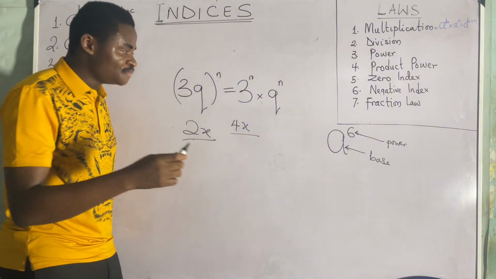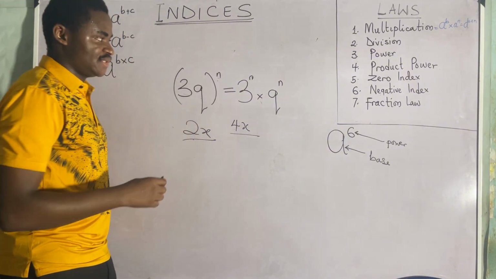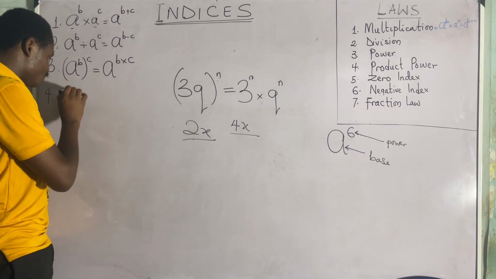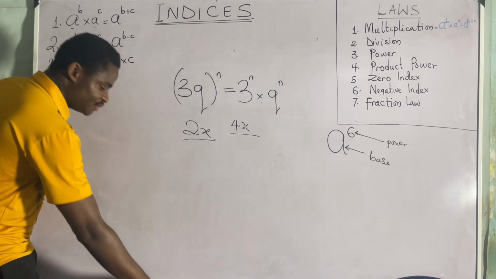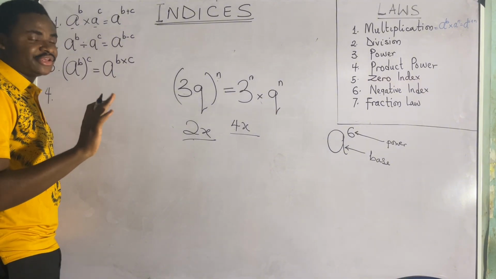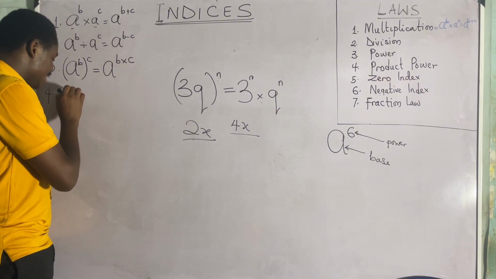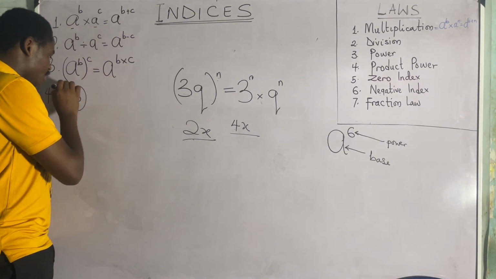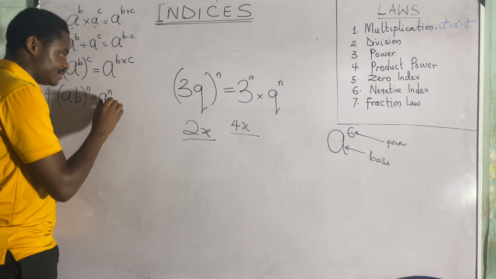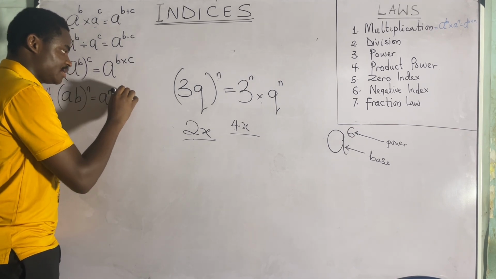What will you do? Let the power affect both bases. So I'll put that one here, number 4. Let me use letters so it makes sense that it can affect any numerals. Let's say we have ab, all this raised to power n. It becomes a^n times b^n.